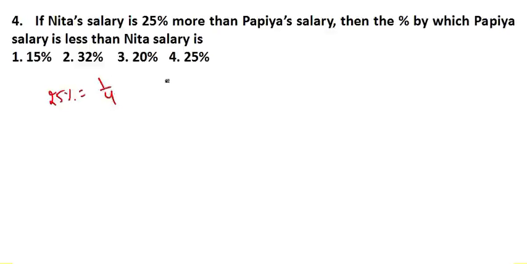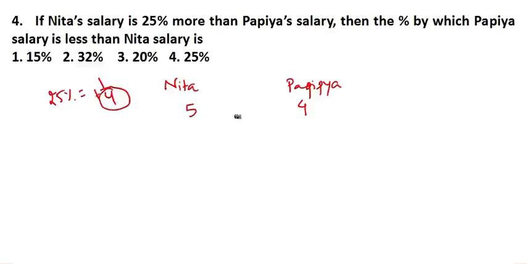Right, this is Nitya and this is Papya. We know that the number which is in the base is always the original number. So if Papya's salary is 4, Nitya's salary will be 5. 4 plus 1 will be 5.